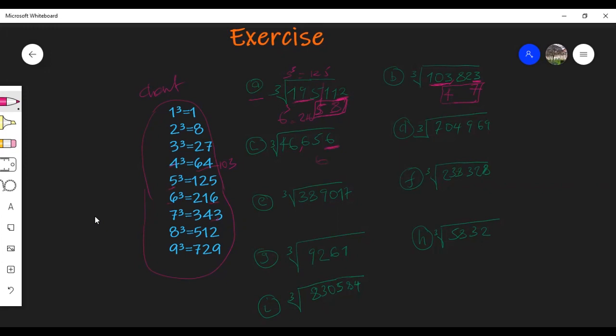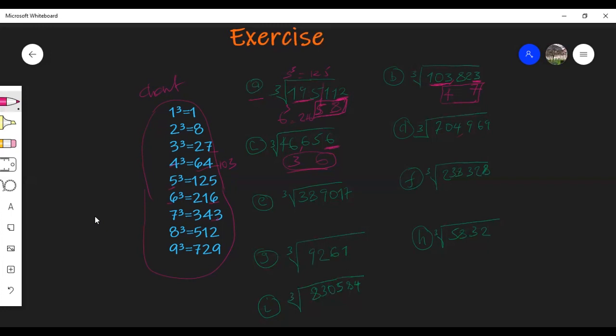Now I want to know what number, if we cube it, will give us 46. That one should lie between 3 and 4. But since this 46 is not yet 64, we take the lower, which is 3. So the cube root of 46,656 is 36.